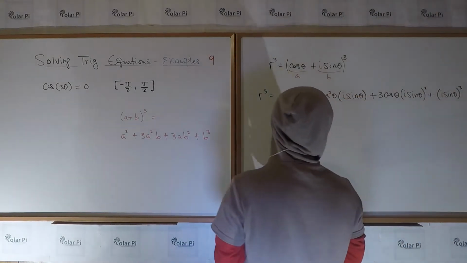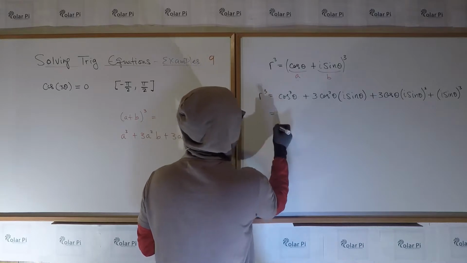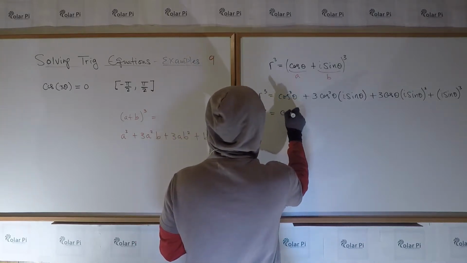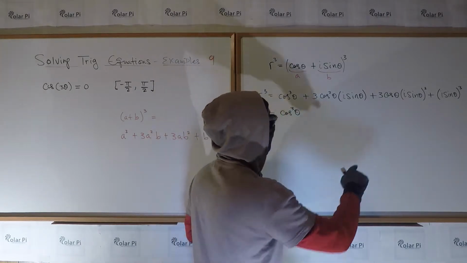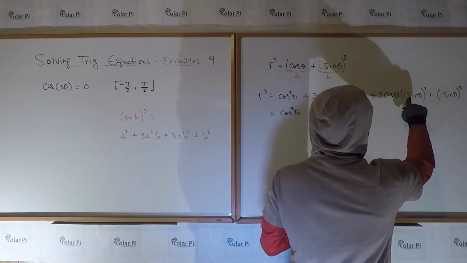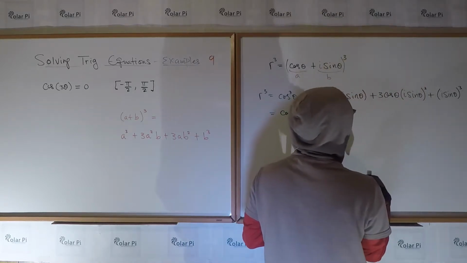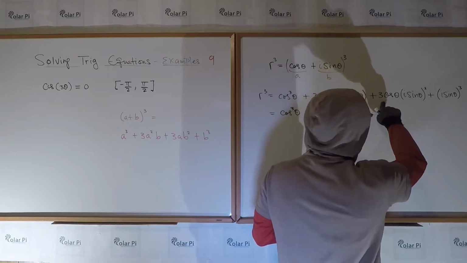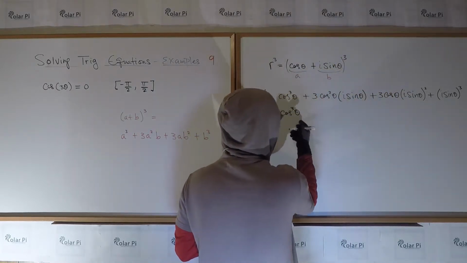Okay, and we can simplify this a little bit. We can clean it up. So R cubed is going to be cosine cubed theta. And notice that in this part, I'm going to get i squared sine squared. i squared is negative 1. So this term will not have an i in it. It'll just be negative 3 cos theta times sine squared theta. So I'll group that with this, which doesn't have an i in it.